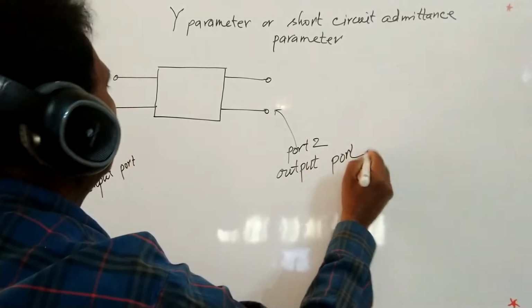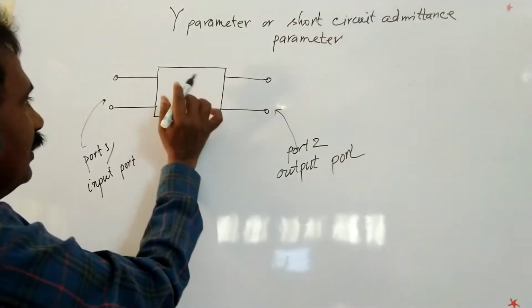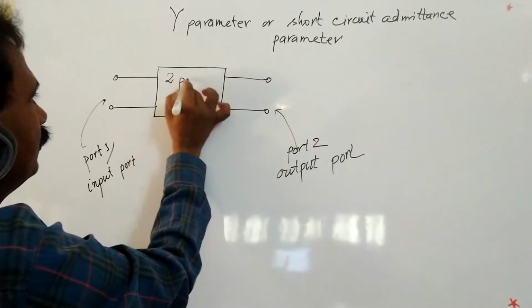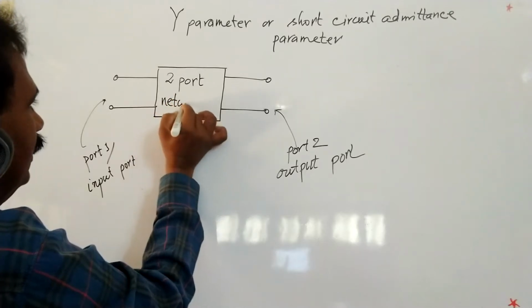And this network, having linear and passive elements and two pairs of terminals, is known as a two-port network. Okay, this is a two-port network.